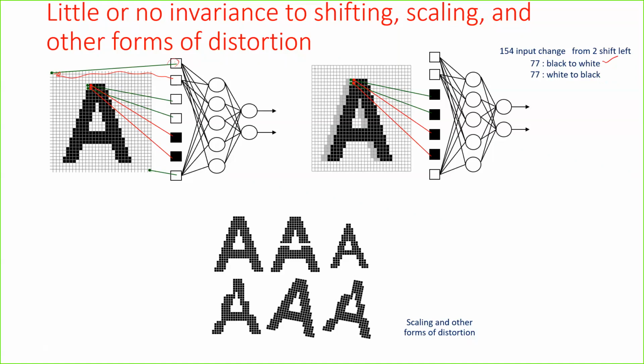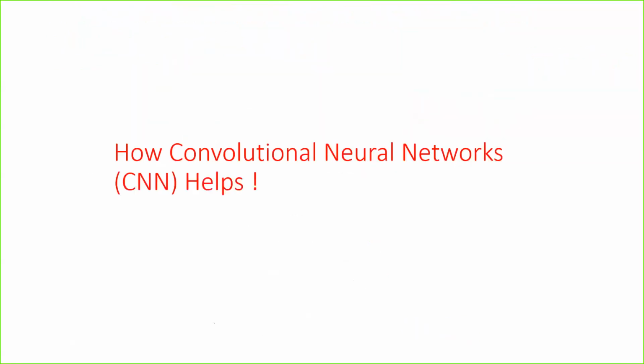It means the input sequence is changing a lot, so it will not be able to recognize this image correctly. Similarly, with scaling or other forms of distortion, it has little or no invariance to shifting, scaling and other distortions. So this is another problem with a fully connected neural network.